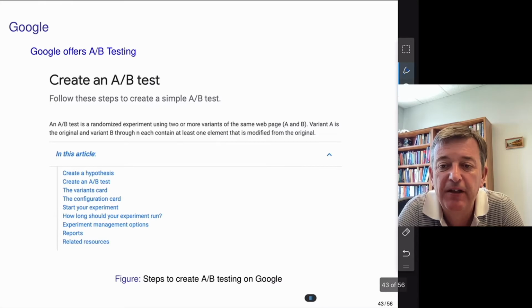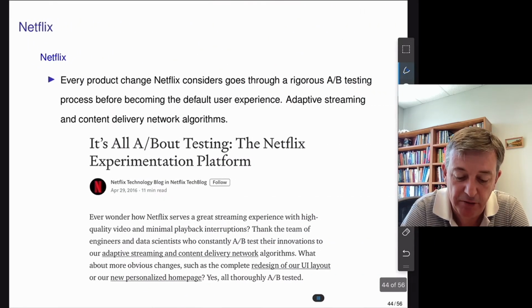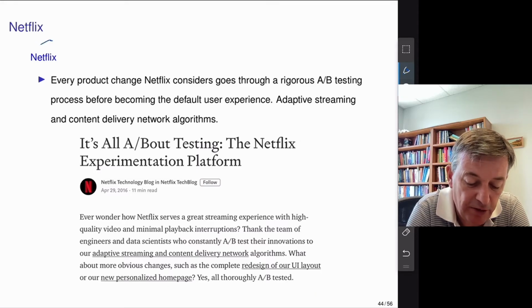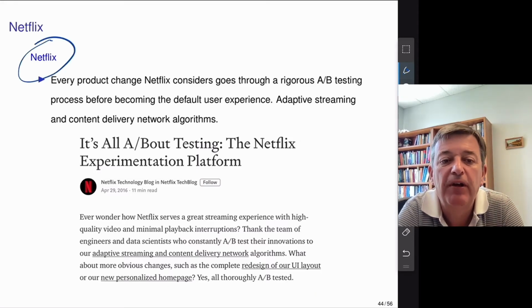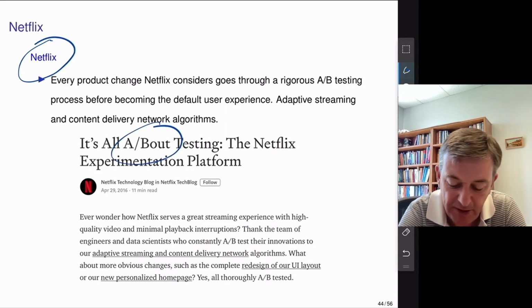Lots of companies let you run A/B tests on your website. Google Analytics, a big part of Google Analytics. Netflix, again, if you click on these hyperlinks, you get to read all about how a company like Netflix uses A/B testing.